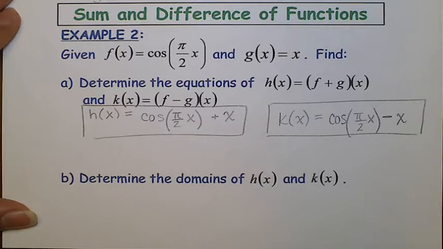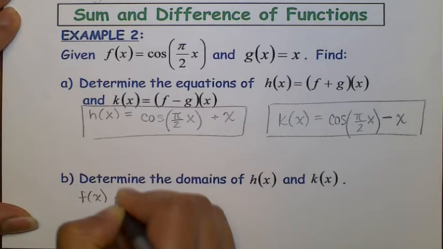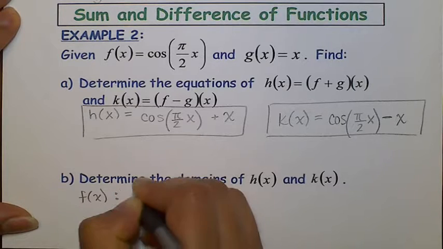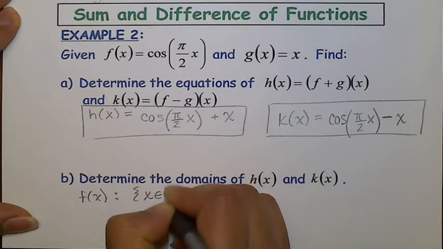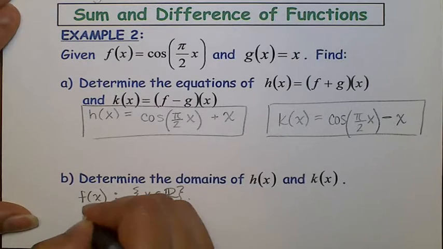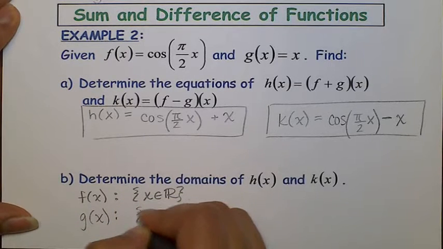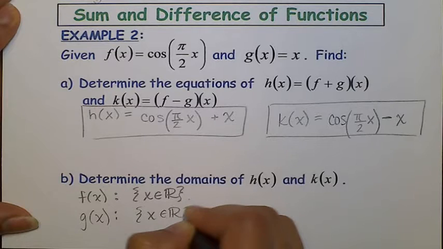If I look at the domain of f of x, I know that it is all real numbers because we're looking at a trig function that continues infinitely from the left to the right. If I look at the domain of g of x, this is just a linear function, and again, there are no restrictions on the domain. It exists for all real numbers.